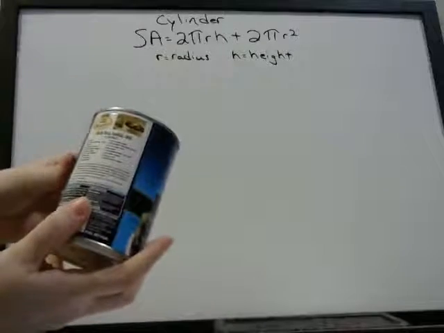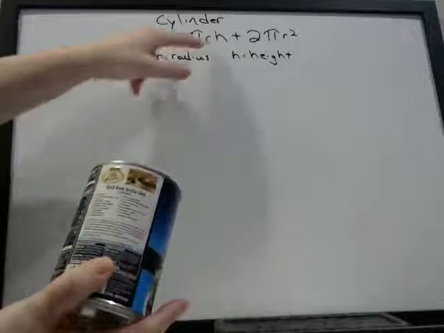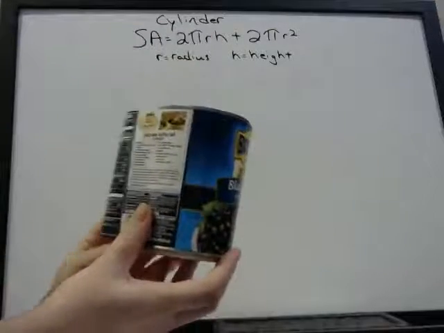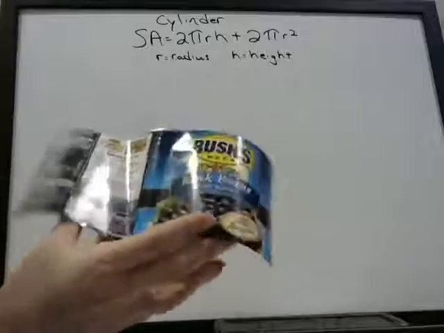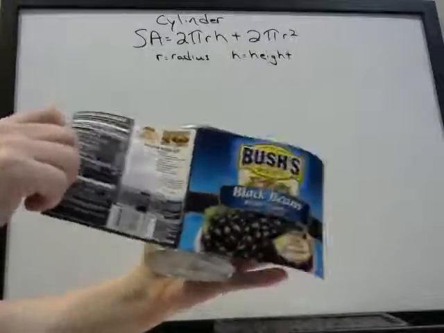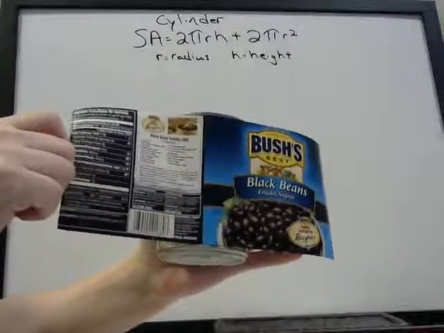And so when we look at this formula, 2 pi r h, I want you to see something. If we cut the label here and we pull it apart, you can see that really it is just a rectangle.